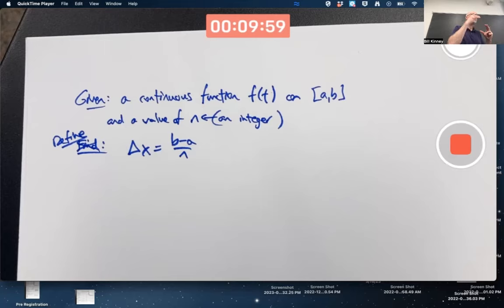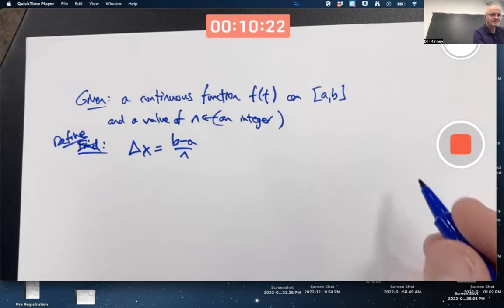Areas under the curve when it's above the axis correspond positively to the integral. Areas above the curve when it's below the axis correspond negatively to the integral. If it goes both above and below the axis, then the area under the curve when it's above, you take that and you subtract the area above the curve when the curve is below the axis.